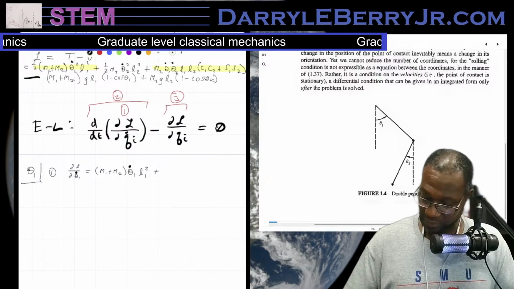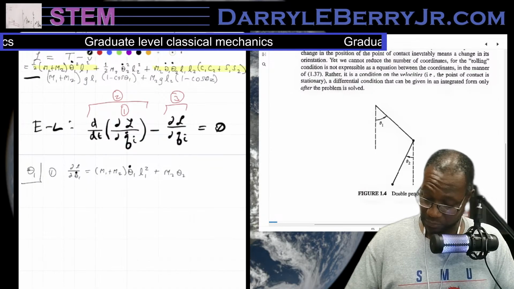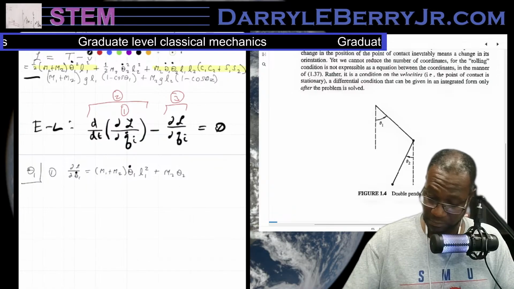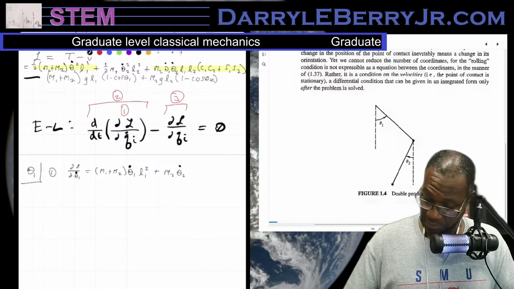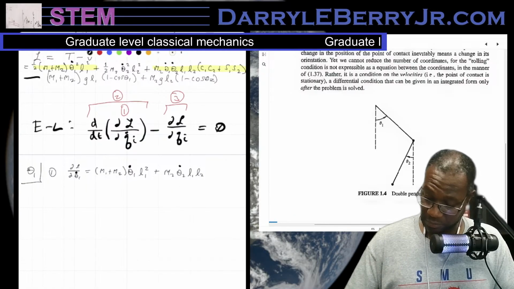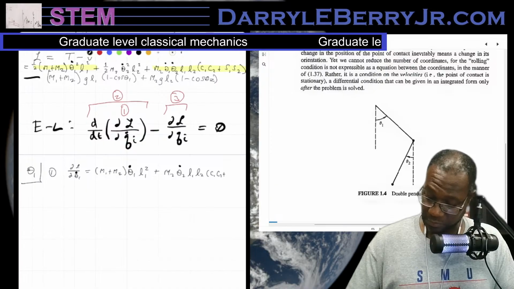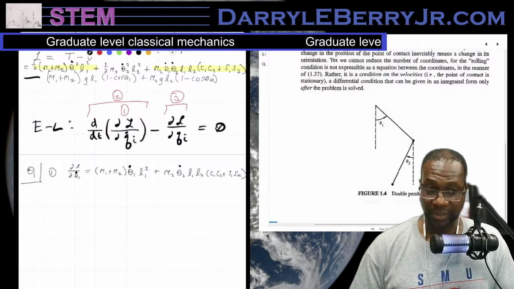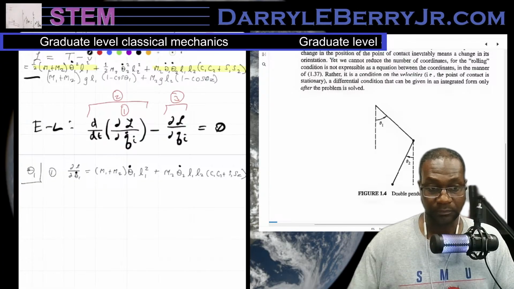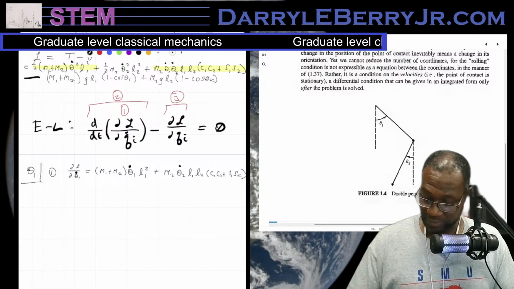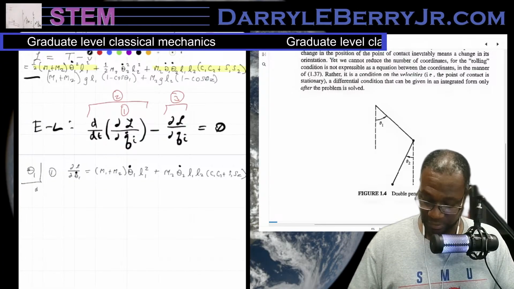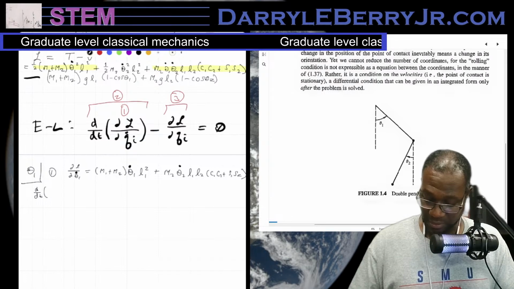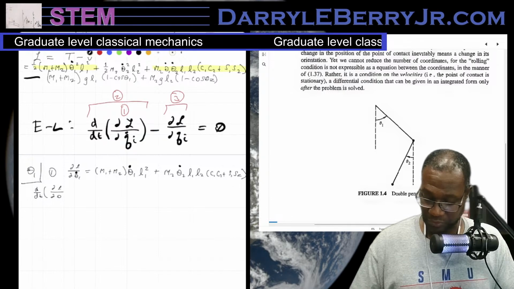So I have here M2 theta 2 dot L1 L2 (C1 C2 plus S1 S2). Let me know if you think I made a mistake. So then we have d/dt of partial Lagrangian partial theta dot 1.